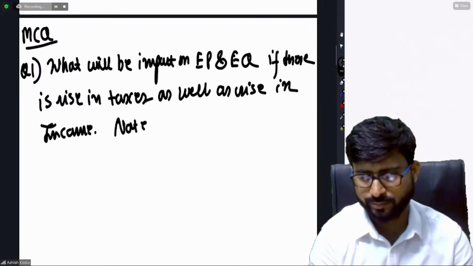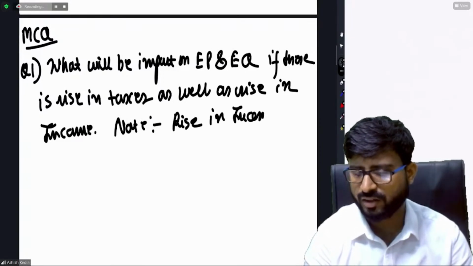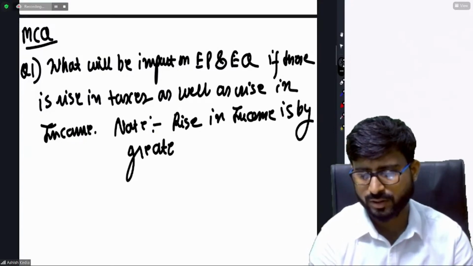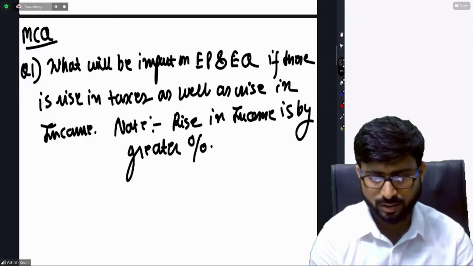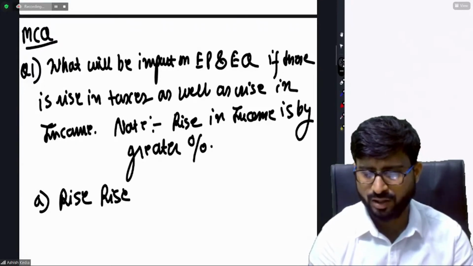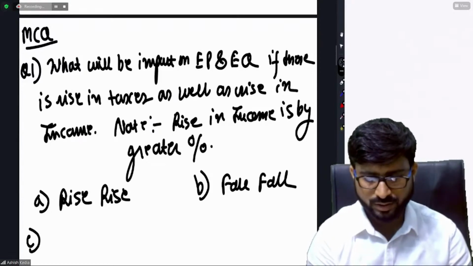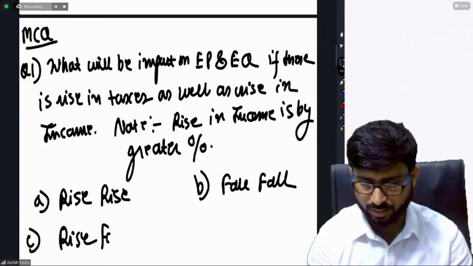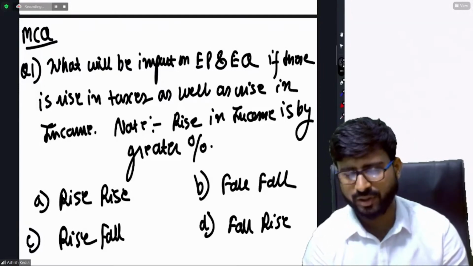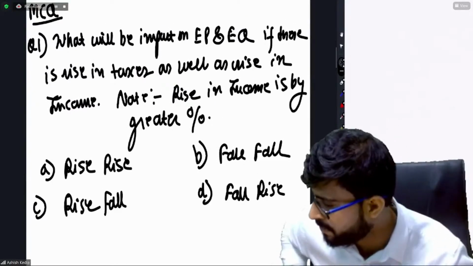Note, rise in income is by greater percentage. Option A, rise. B, fall. C, fall. D, rise. Come on, answer me this. Not very tricky, slightly tricky question. Come on.